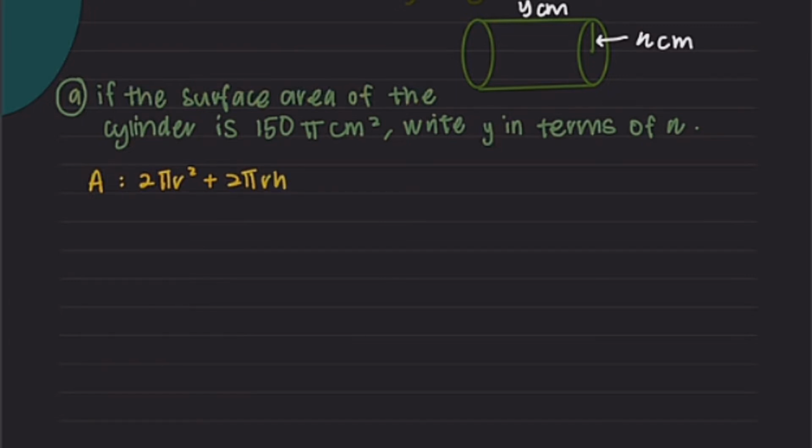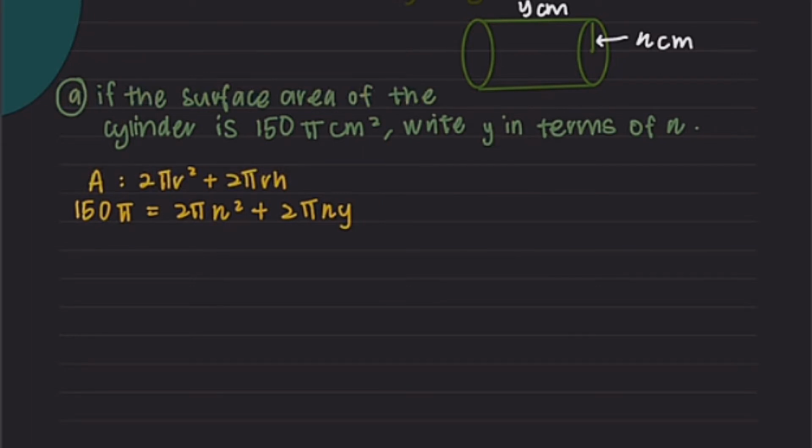We can use the information given, which is 150 pi cm squared, the area, and we can change r to x and h to y. So it will be 150 pi equals 2 pi x squared plus 2 pi xy.